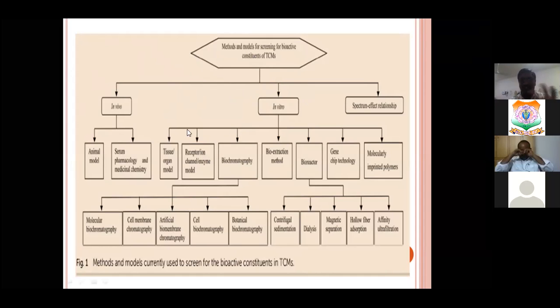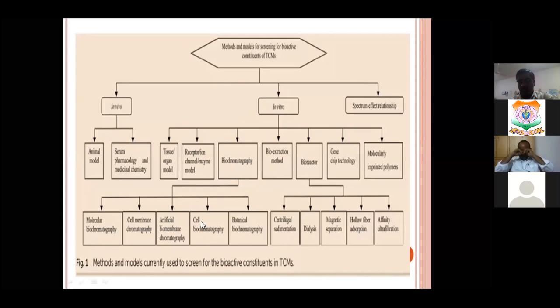They have standard setups. If you go for in vivo, these are the setups. If you go for in vitro, these are the setups. And you see biochromatography: they are using molecular biochromatography, cell membrane chromatography, artificial biochromatography.